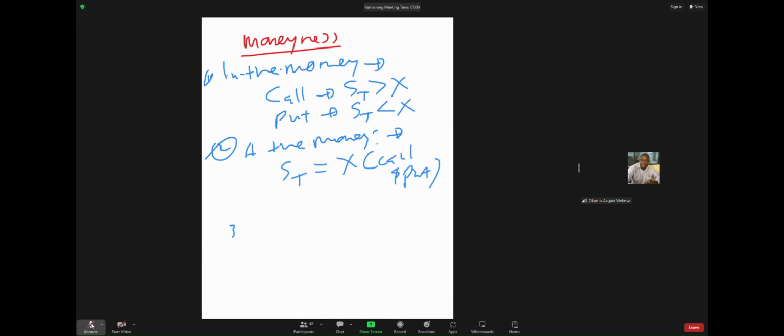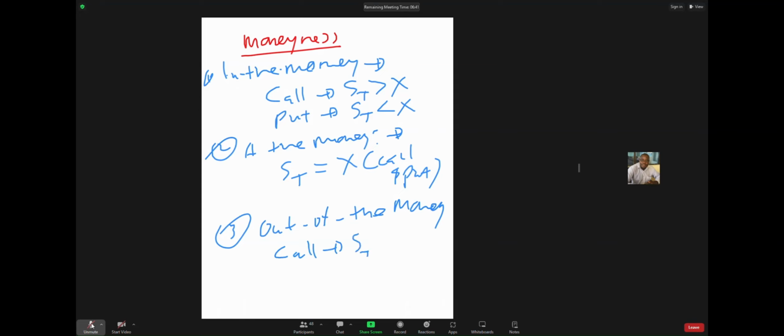Then the third one is out of the money. Out of the money condition. Of course, it's when the situation is the reverse.